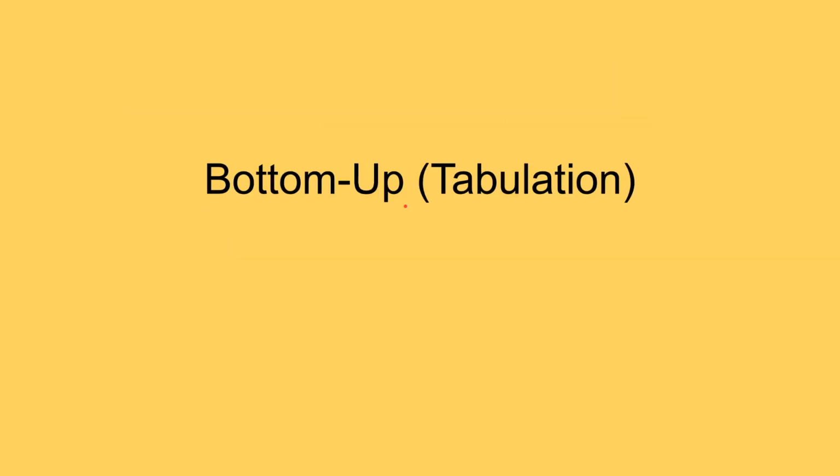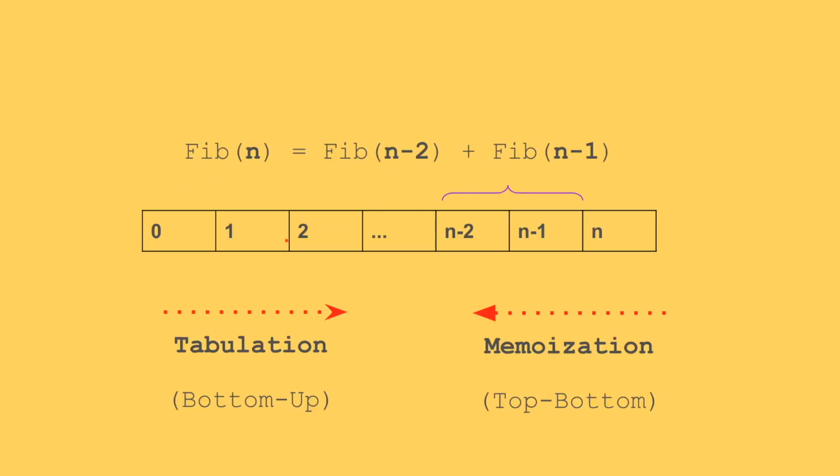We saw how we use the memo and then we filled it up. There's another way of filling up the memo, which is called tabulation. For Fibonacci, in our first implementation we said fib of n is equal to fib of n minus 2 plus fib of n minus 1, and we moved from top to bottom, or right to left.